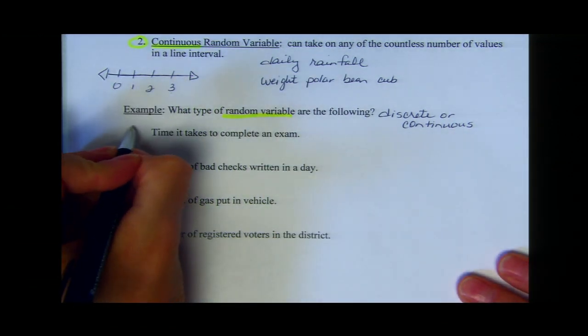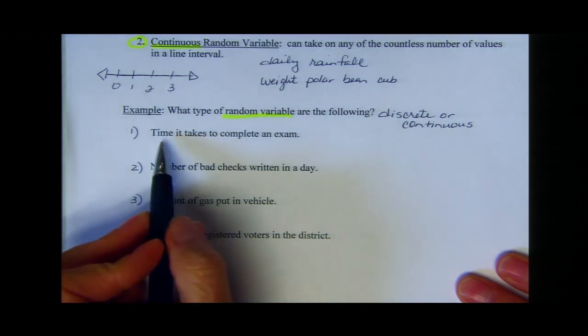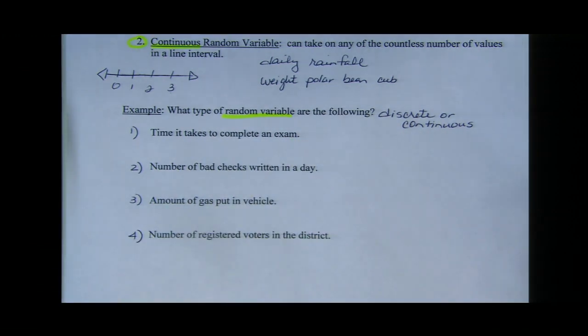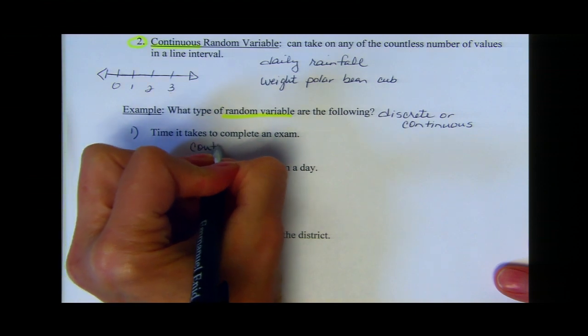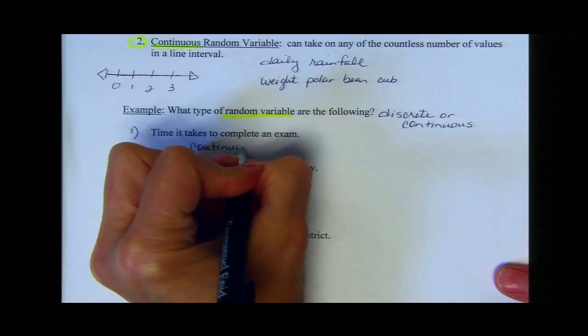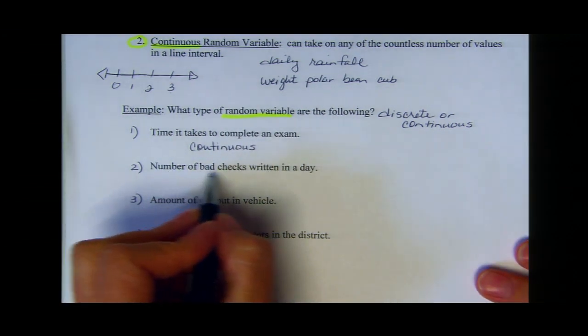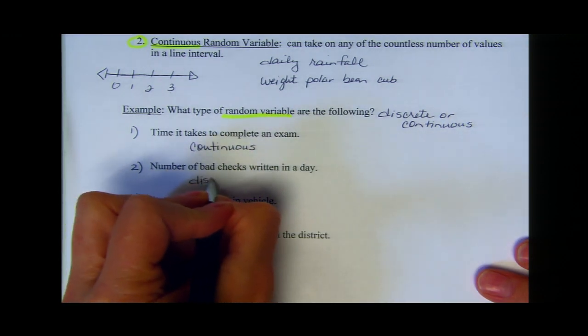So we have 4 examples here. The time it takes to complete an exam. Is that discrete or continuous? That would be an example of continuous, because it might take you 42.3 minutes or 42 1/3 minutes or something. So it is continuous. The number of bad checks written in a day, that would be discrete.